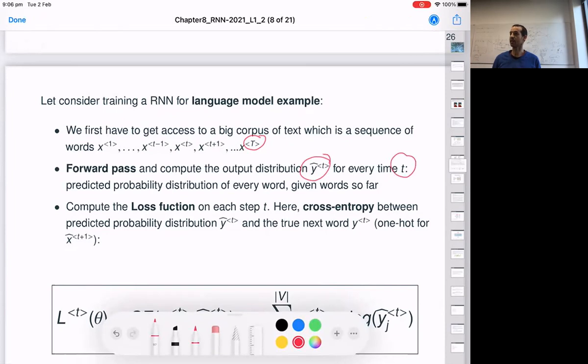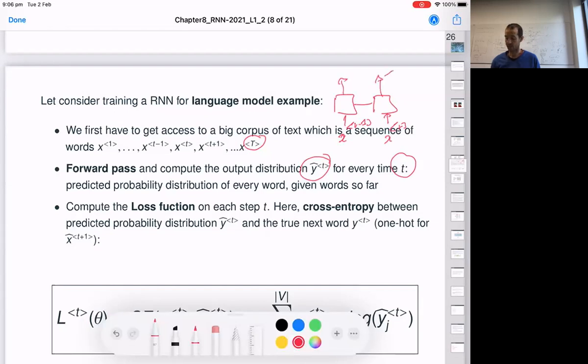If I put a recurrent neural network like this, you have the input at time x t minus 1, then you have x t, and you have the output there.